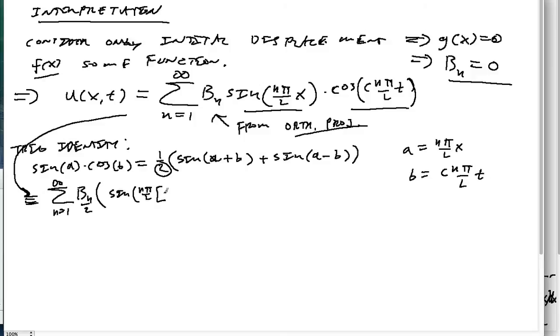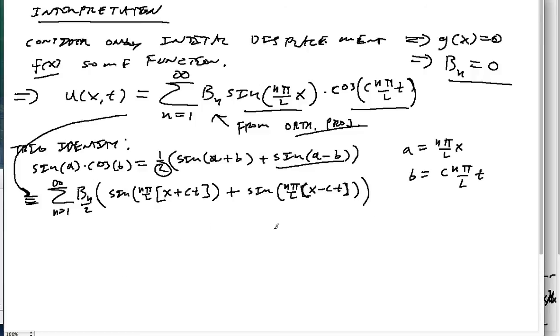So that's n pi over L times x plus ct, and then we have a plus, and the other term, sine of n pi over L times x minus ct. Then we finally put parentheses around all of that. I put square parentheses here just to contrast.